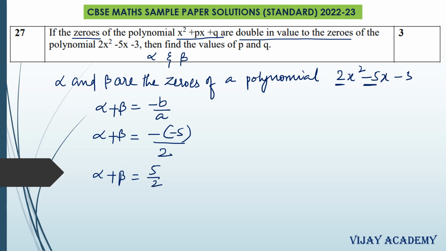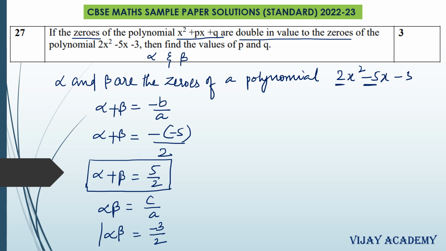And now let us write the product of the zeros, that is alpha into beta equals c by a, and substitute the values of c and a. c is minus 3 and a is 2. So we got the sum of the zeros and the product of the zeros of the second equation. Now let us go to the sum of the zeros and the product of the zeros of the first equation.